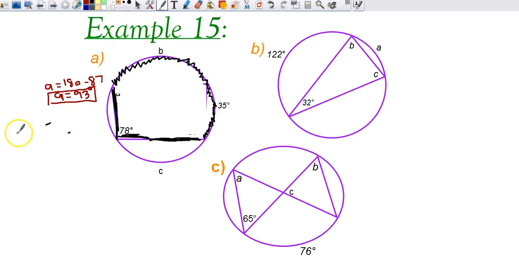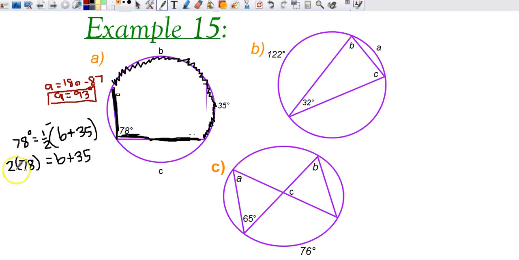So this 78 degree angle is half of B plus 35. So what you want to do is multiply 78 times 2. Put it in your calculator. It's going to give you about 156 degrees. Then you can subtract the 35.